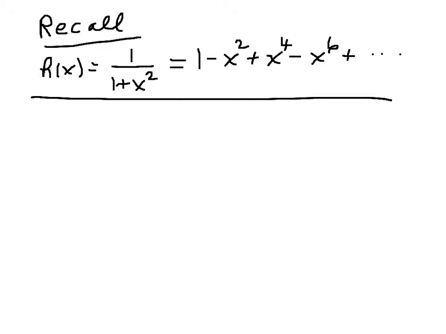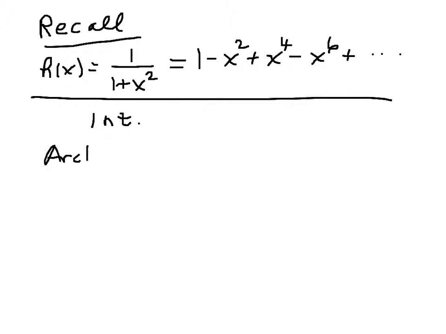Alright, so let's look at our first very cool result. Remember we showed that 1 over 1 plus x squared is equal to that power series. Now, if we integrate, just as we did before, what we get is this.